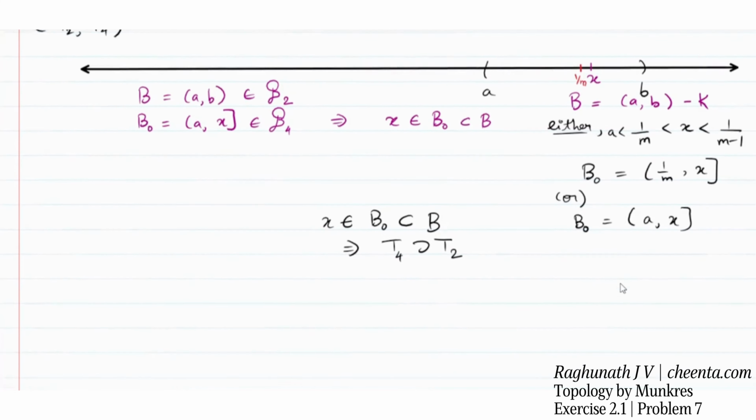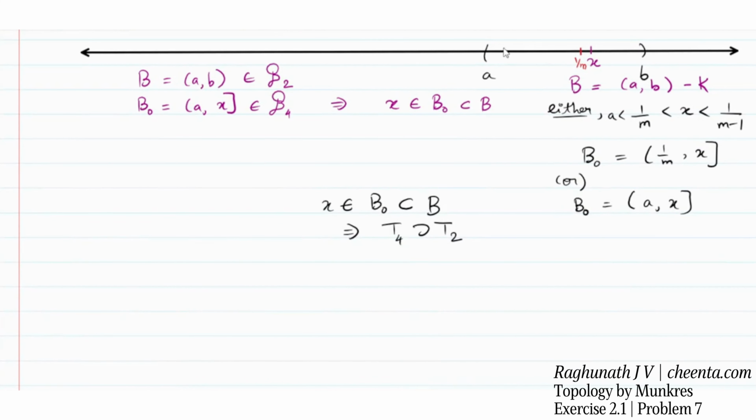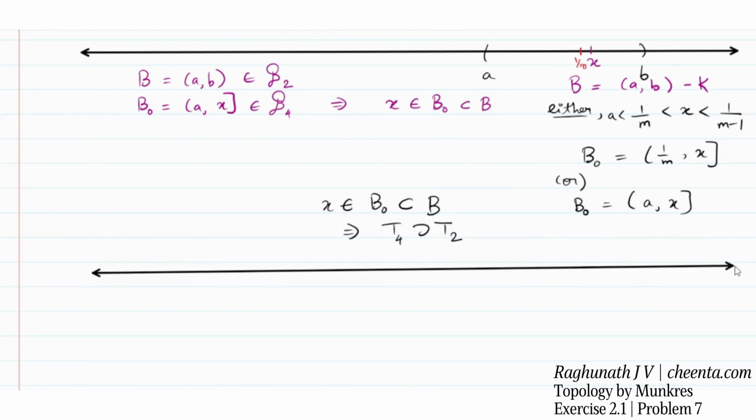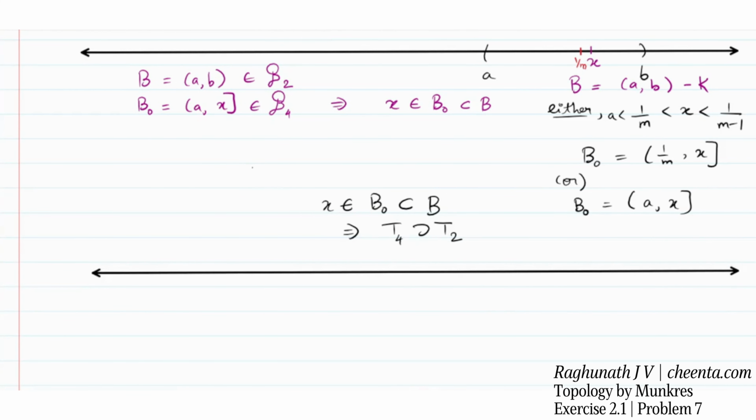You can try the other way around and you will get a contradiction. In order to prove that T2 is finer than T4, taking a basis element of T4, say [A, B] closed, is it possible to find a basis element in T2 which contains B and is entirely contained in [A, B]?